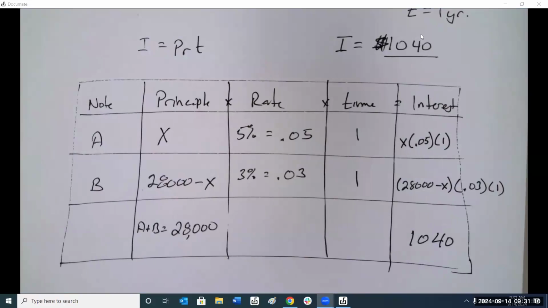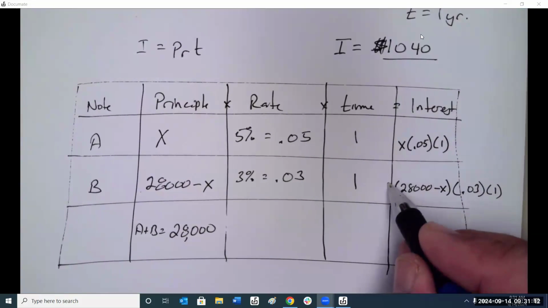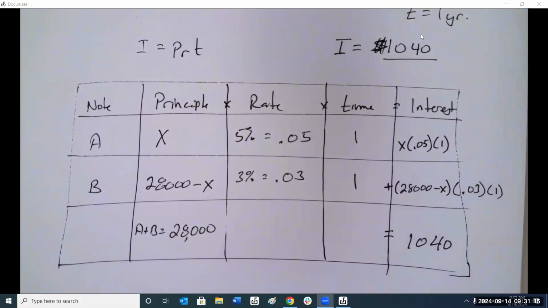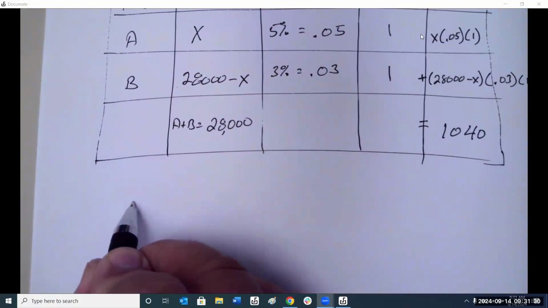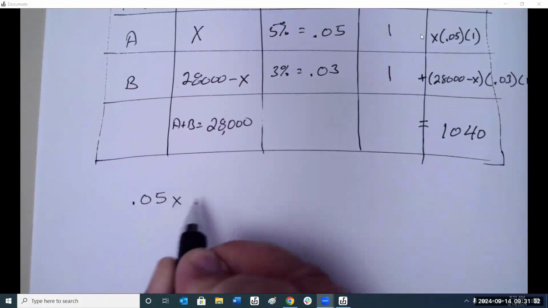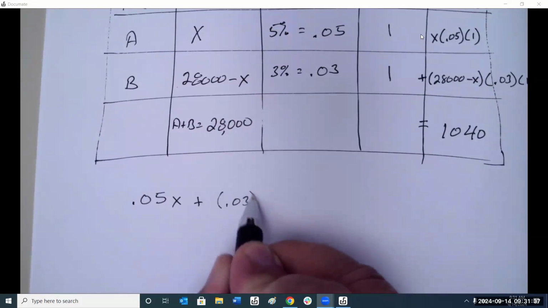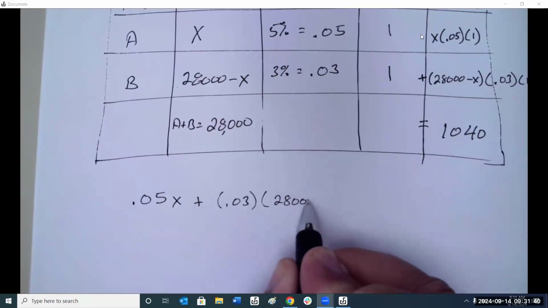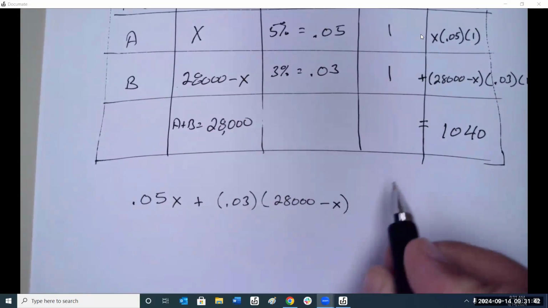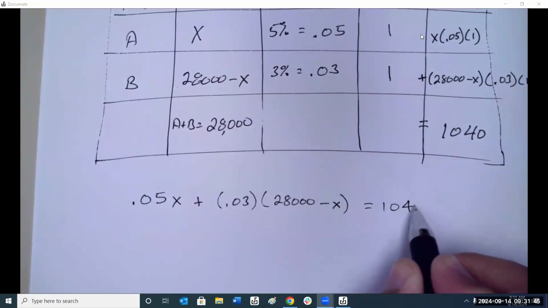Together, both of these have to equal that. So what this tells us, we have 0.05x plus 0.03 times 28,000 minus x is equal to 1040.